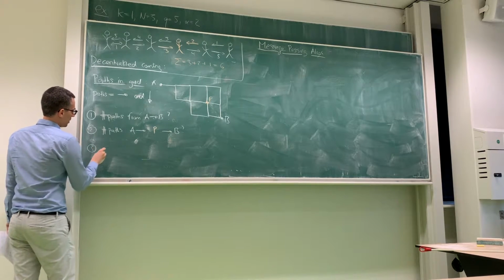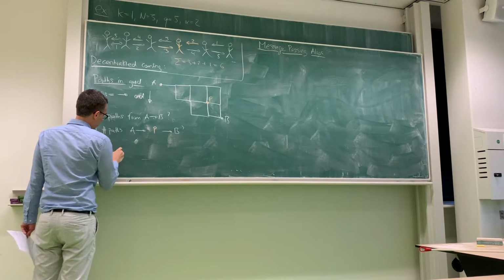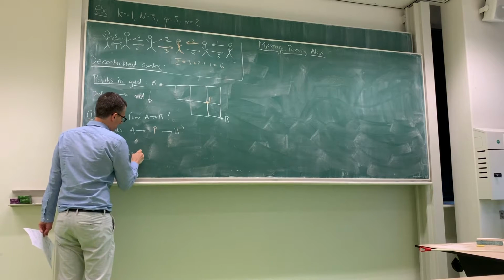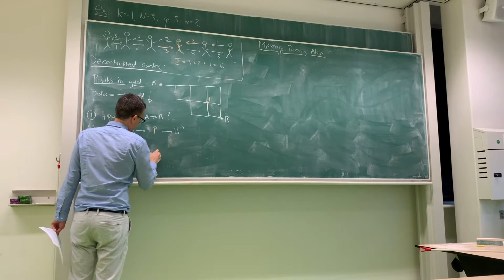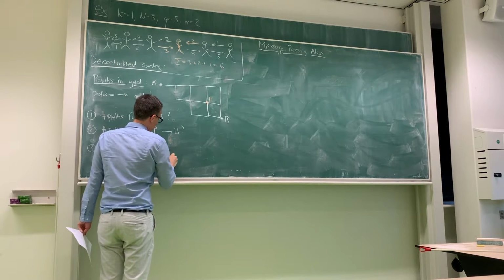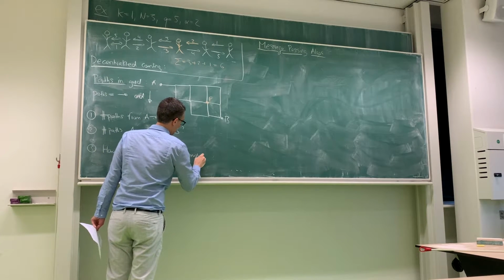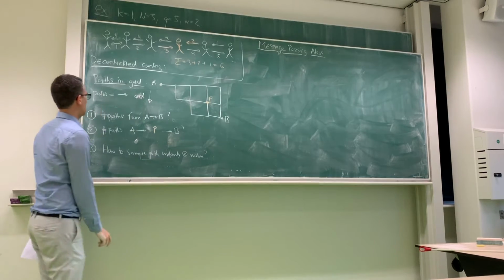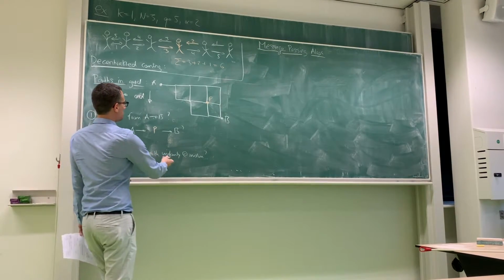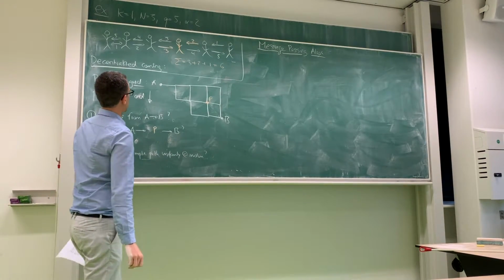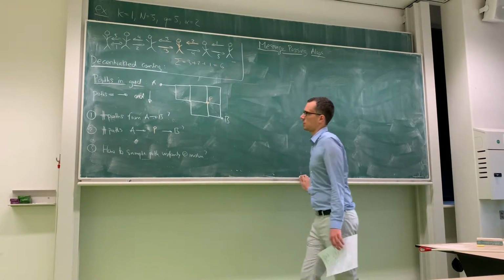And the last question would be how to sample such a path uniformly at random. So maybe we can still solve this today. Again, maybe we can talk about this and think about how this message passing idea might work.